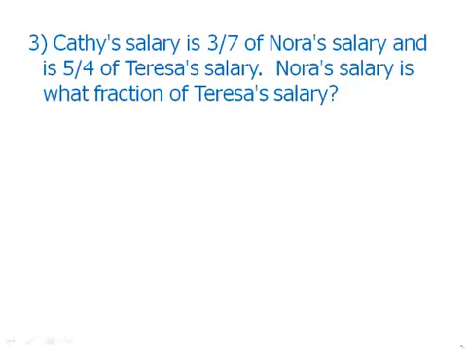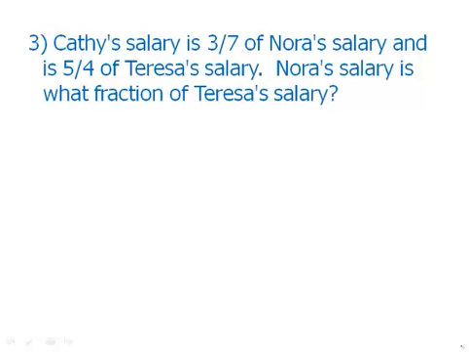For this one, now this one is starting to get to be like something that actually might be on the test. Kathy's salary is 3/7 of Nora's salary and is 5/4 of Teresa's salary. Nora's salary is what fraction of Teresa's salary? So this is a very confusing question.